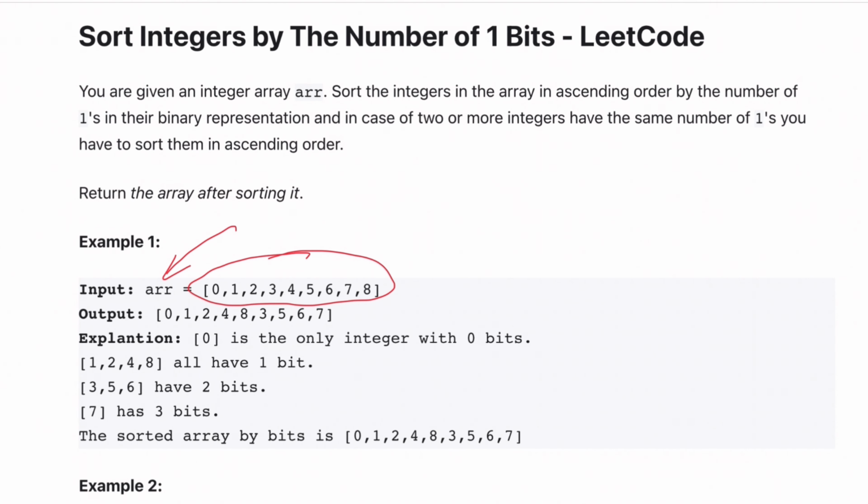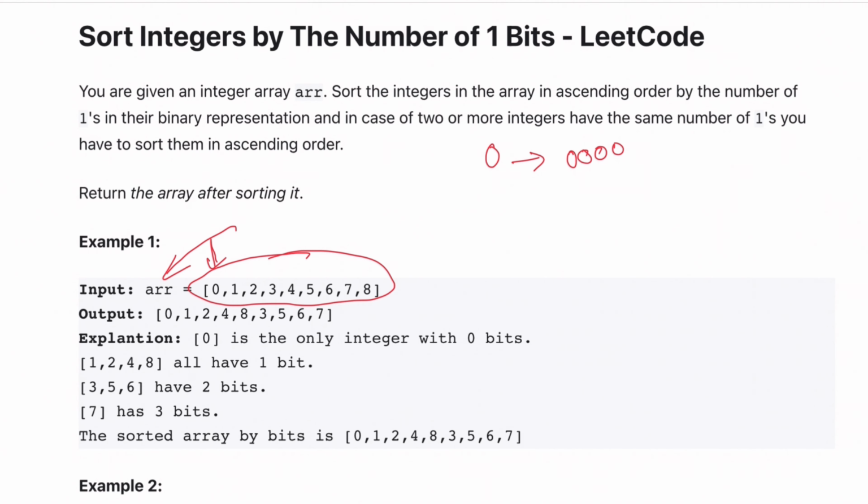We should sort the array first by the number of 1 bits in ascending order, and if two numbers have the same number of 1 bits, we sort them numerically. You know that each number can be represented in binary with the 8421 concept, or if we want to represent the number in 4 bits.